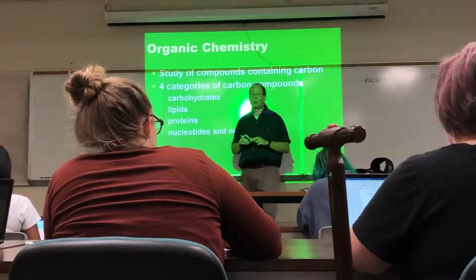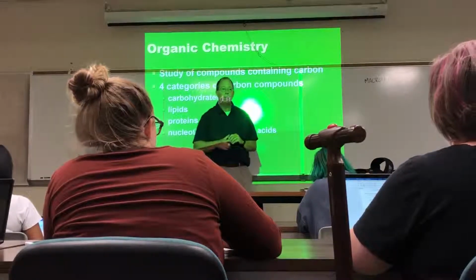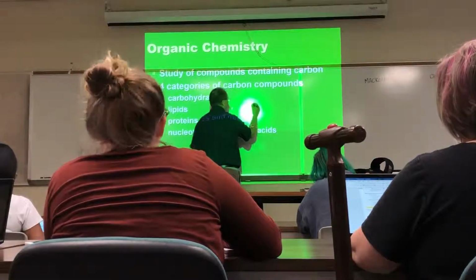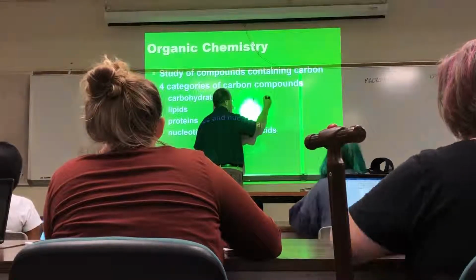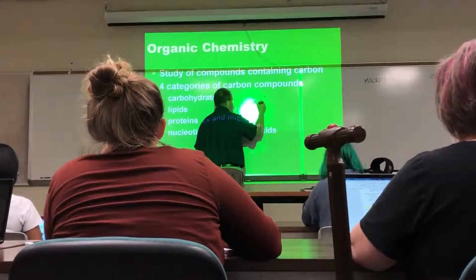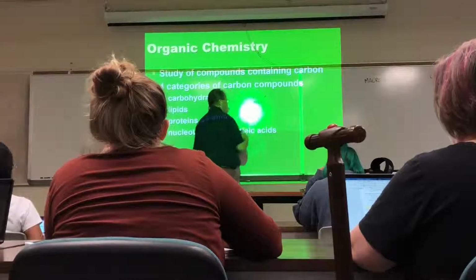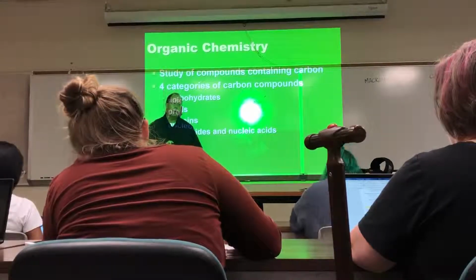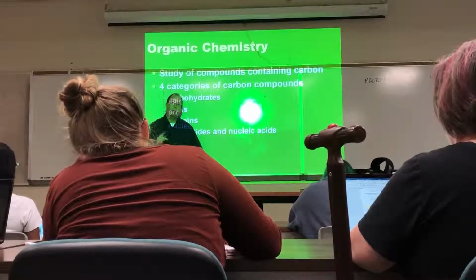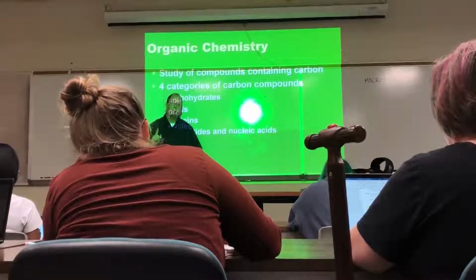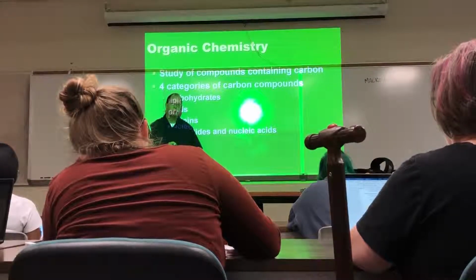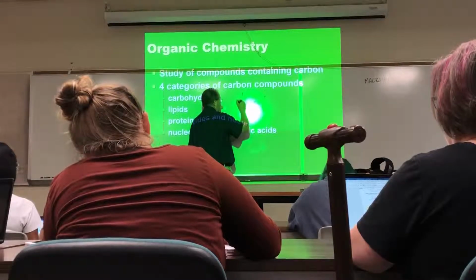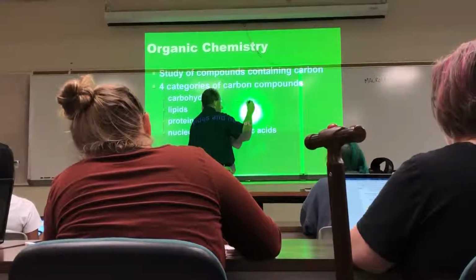When I say macromolecule, we have to use some lingo. The lingo I want you to think about is the suffix mer. A mer is like a building block, or think of it as one Lego piece if you're into building Legos. If we have one mer, we call it a monomer.